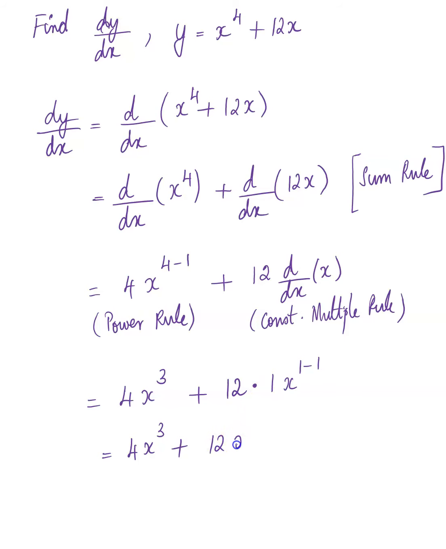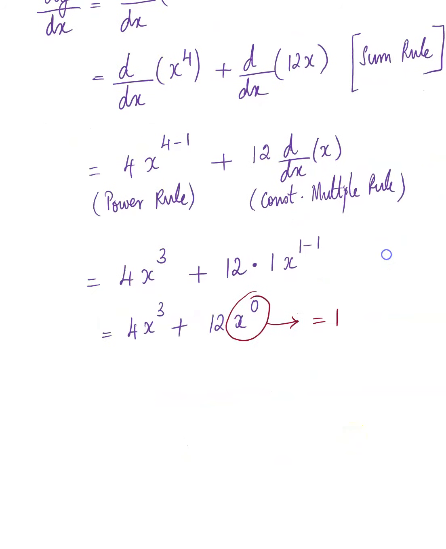12 times 1 is 12. x power 1 minus 1 is 0. But laws of exponent says x power 0 is equal to 1. Zero exponent rule says anything power 0 is 1. Therefore, you get back your 4x cubed plus 12.